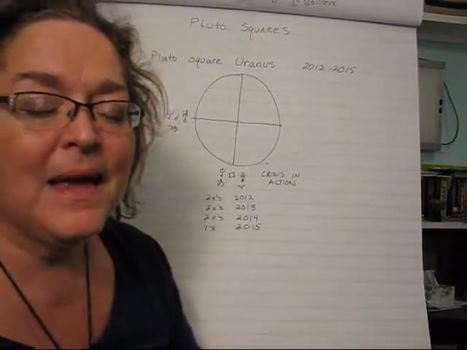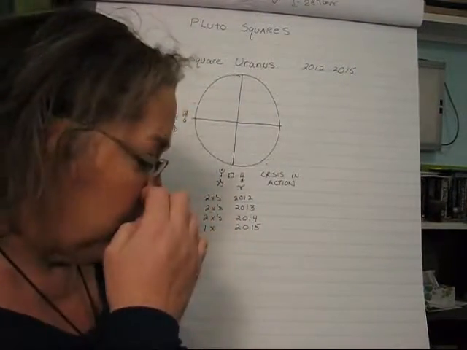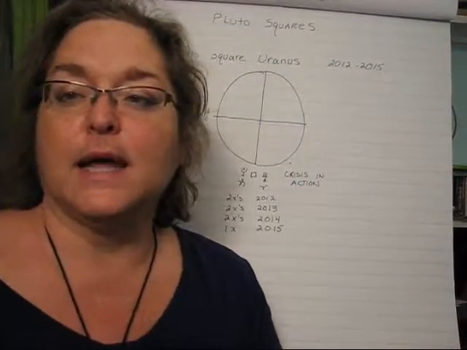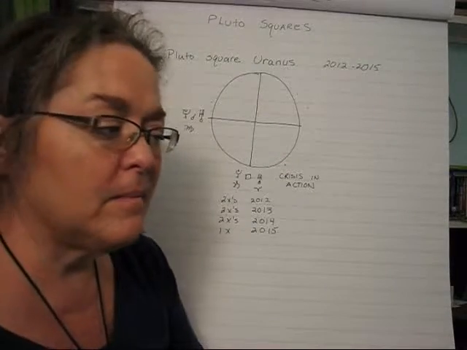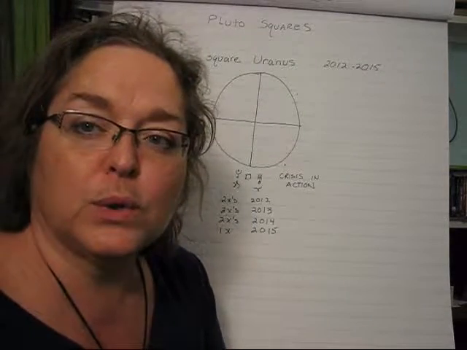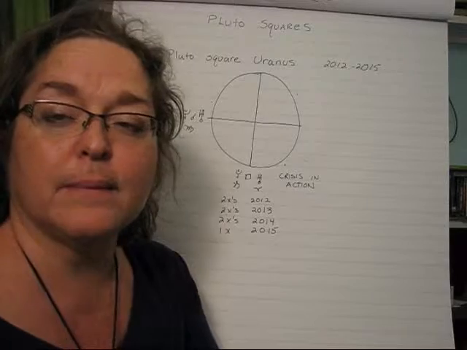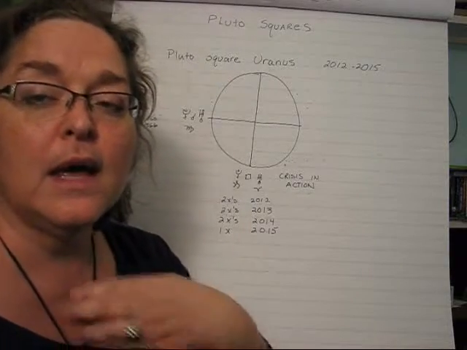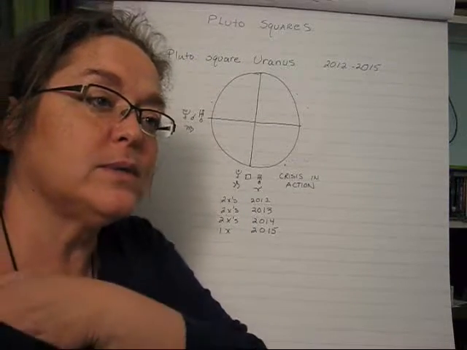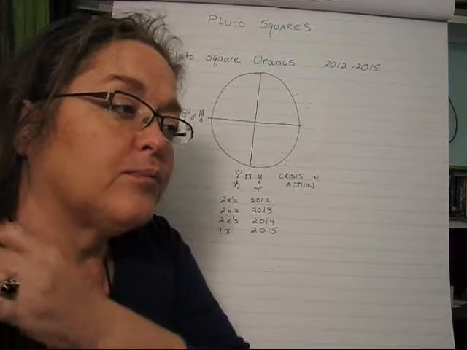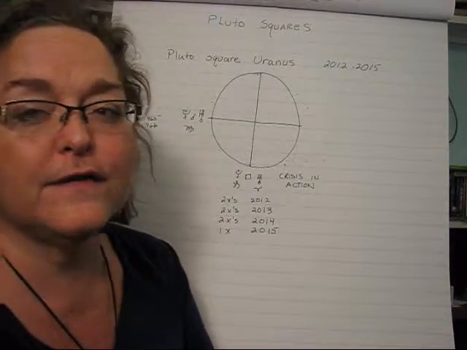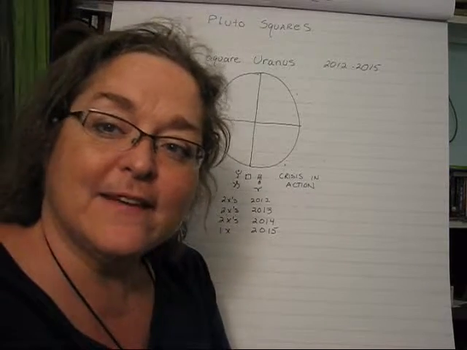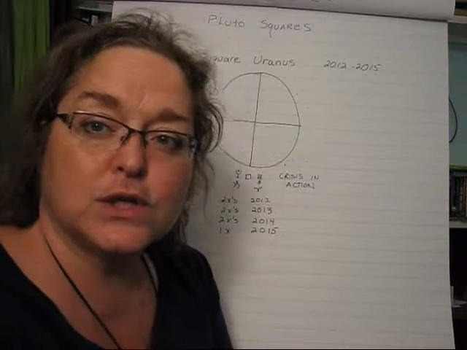Hi, back. Now, the other part of this T-square that I want to talk about are the squares, and Pluto makes a square to Uranus. Now, I'm sure many people who follow astrology have heard a lot about this Pluto-Uranus square. The Pluto-Uranus square was actually active between 2012 and 2015, where it made 7 exact squares to each other.